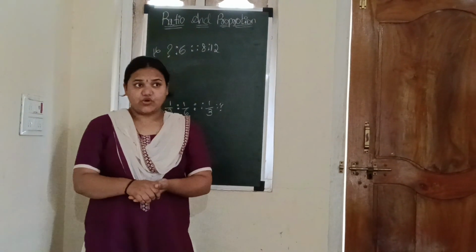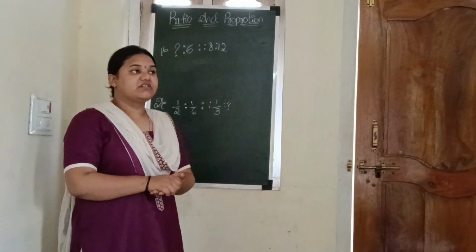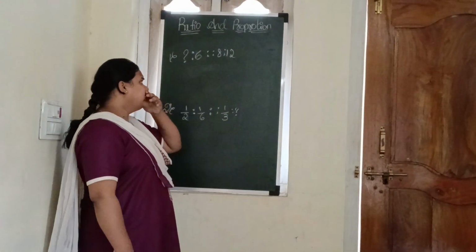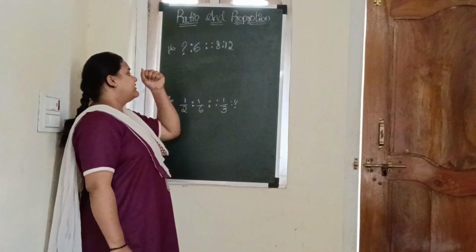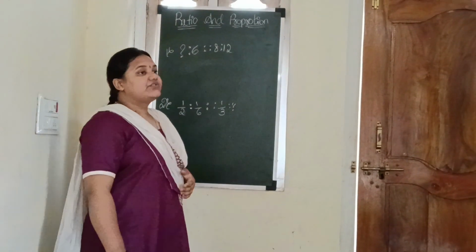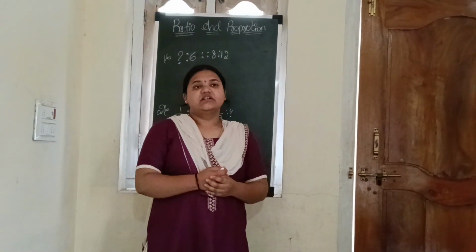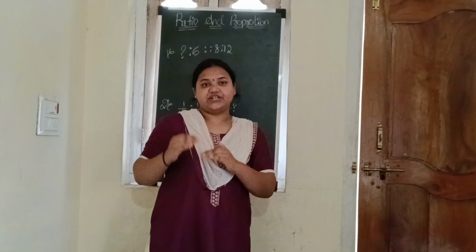So now we'll solve the example problems. In this, one ratio is missing. We have to find it out. So how do we find it? So 1:2 is nothing but 1/2.